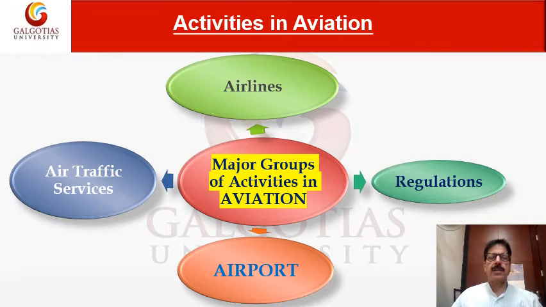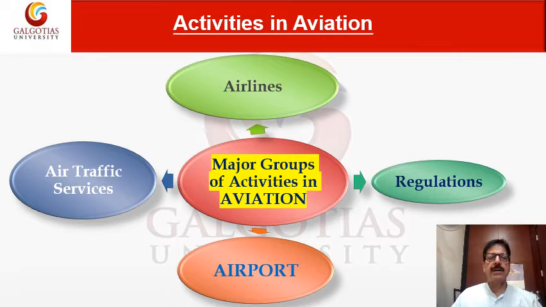Let's see what are the major groups of activities being conducted at any airport. The operators need the facilities which are required at an airport, like a runway and a traveling site, what we call as land side, and the aircraft operation area, air side.